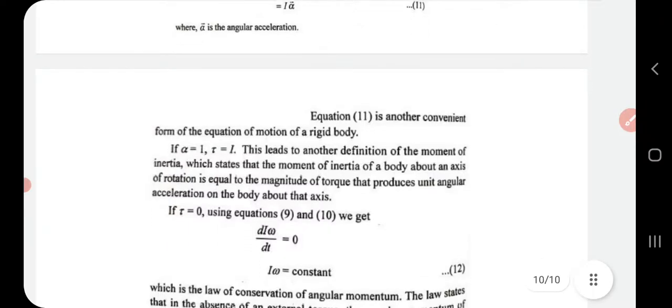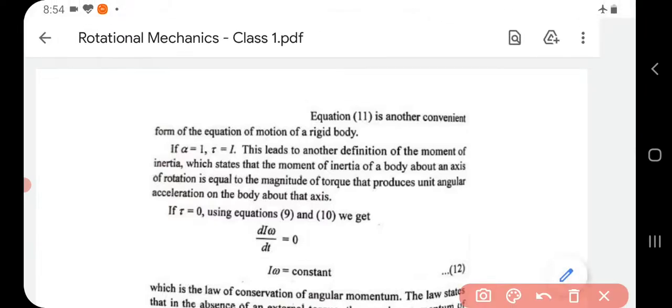Then here, tau equals I alpha. If alpha is equal to 1, what will be tau? Tau will be equal to I, that is, tau will be equal to moment of inertia.